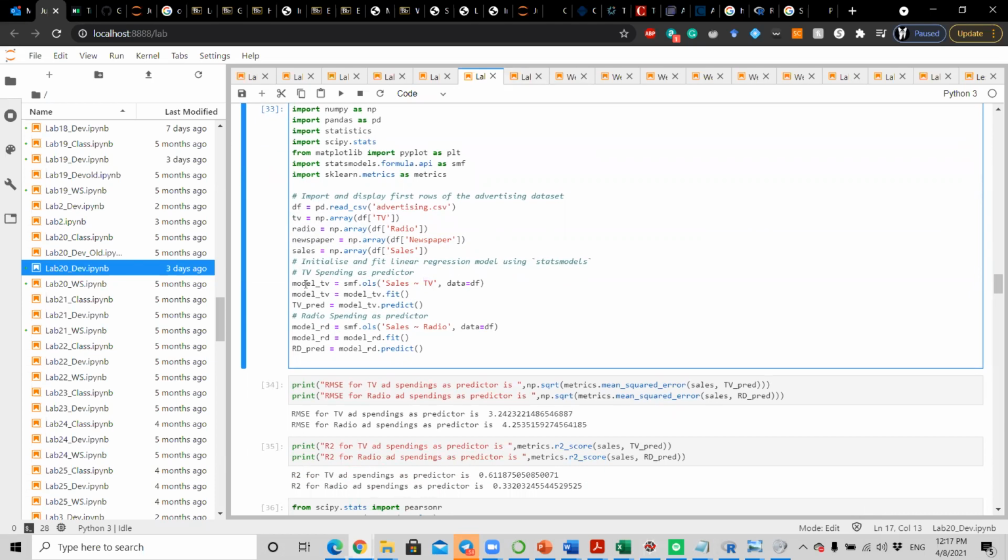Okay, so in this line, I'm using the OLS function from statsmodels formula.api, which I'm calling SMF. And the way that the syntax works is that you first give a formula and then you define a data frame. Which data frame am I using? My DF data frame. What formula? I want to predict sales and I want to use TV as input. If I want to do that, that's how I write it.